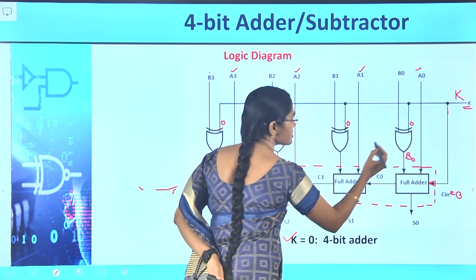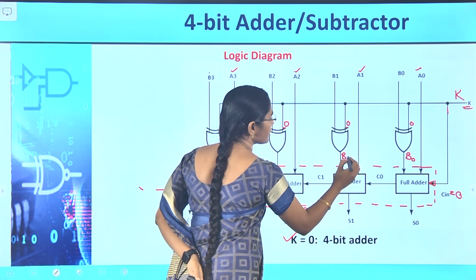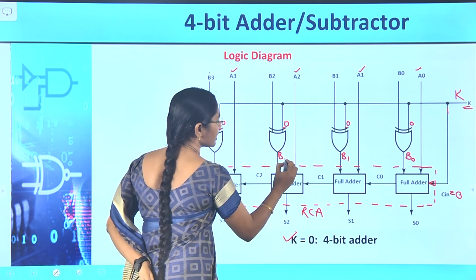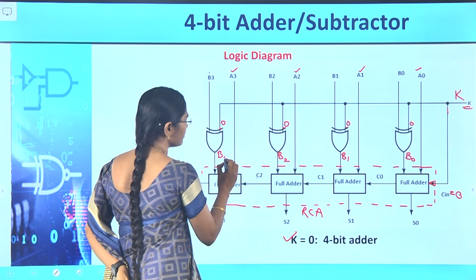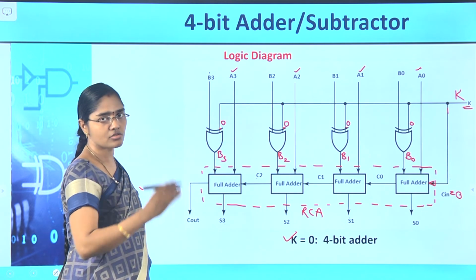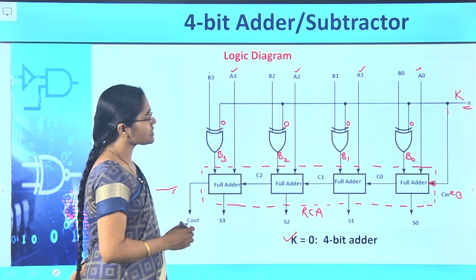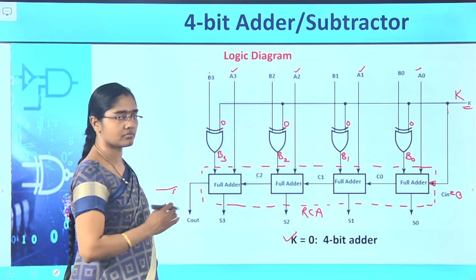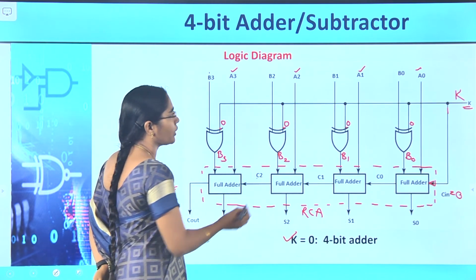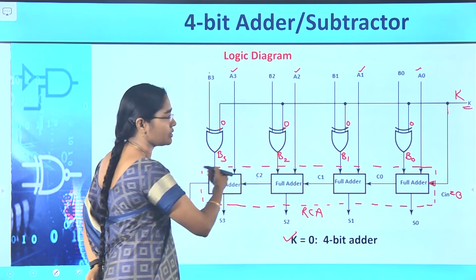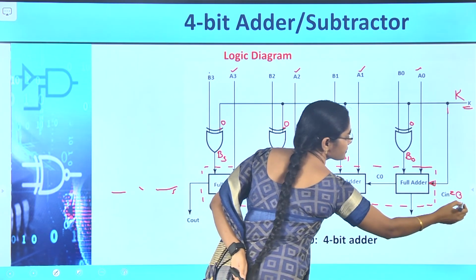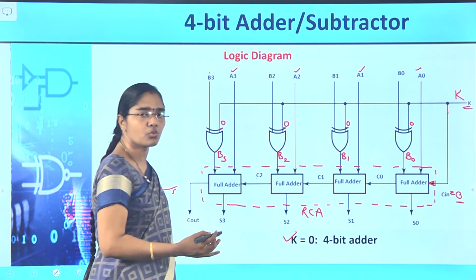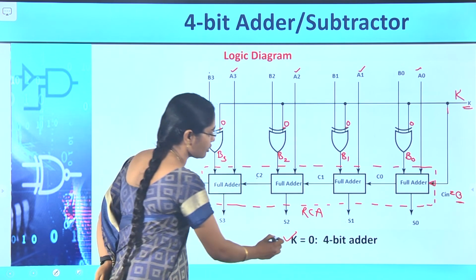Once one input is 0, whatever the other signal is, it will be generated by the XOR gate as it is. So the outputs are B0, B1, B2 and B3. Therefore, one input is A0 to A3, the second input is B0 to B3 and carry in is 0. Now what is it performing? Addition operation.